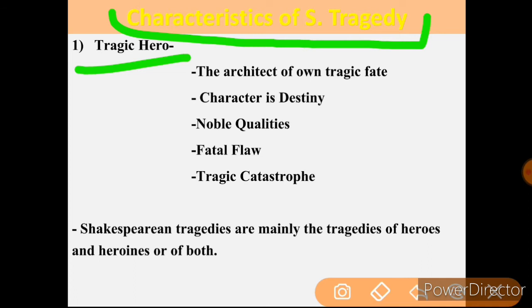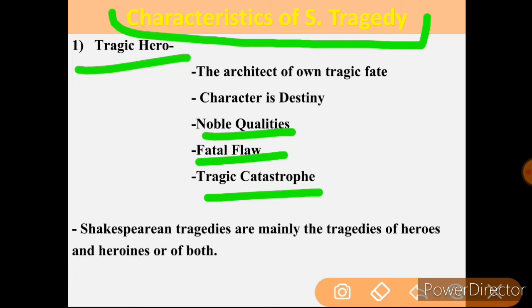And this is why the dictum 'character is destiny' has often been applied to explain the tragic vision of Shakespeare. According to Bradley, Shakespeare's tragic heroes are all exceptional beings. They possess noble qualities and a marked one-sidedness, a fatal tendency, a fatal flaw, which unlocks for them the gate of tragic catastrophe.